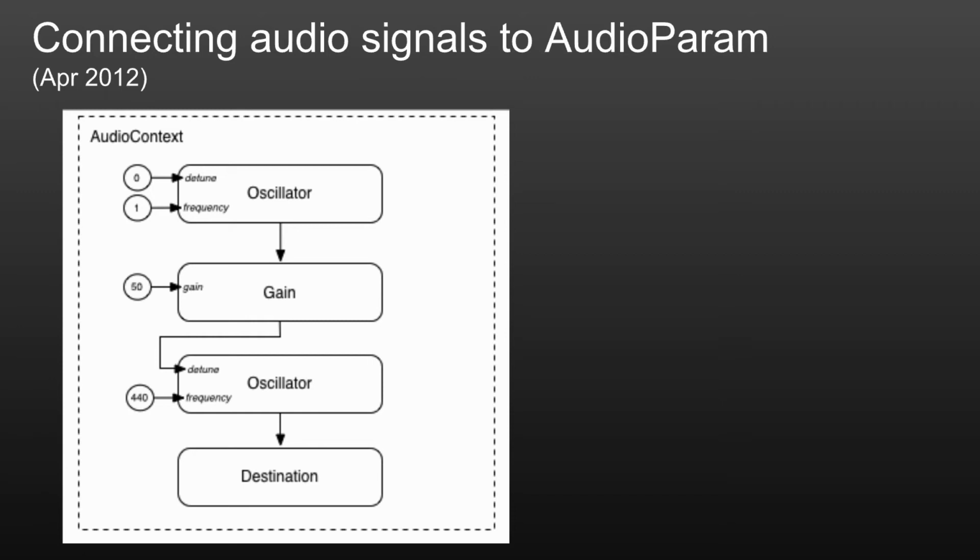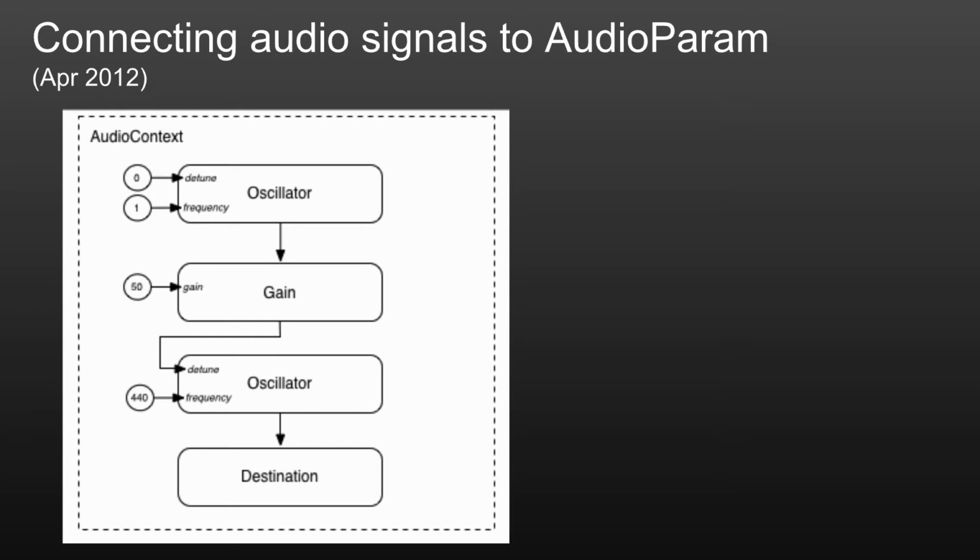In April of 2012, we got a new powerful feature, and I didn't create this diagram here. Somebody was kind enough to add this into the latest spec, but it illustrates the feature that we added in about April of 2012, the ability to connect an audio signal to an audio param.